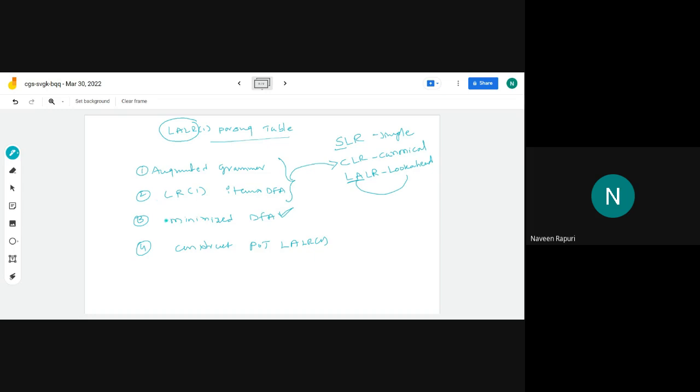So what we have to know is how to minimize the given DFA. This is the thing we need to know.